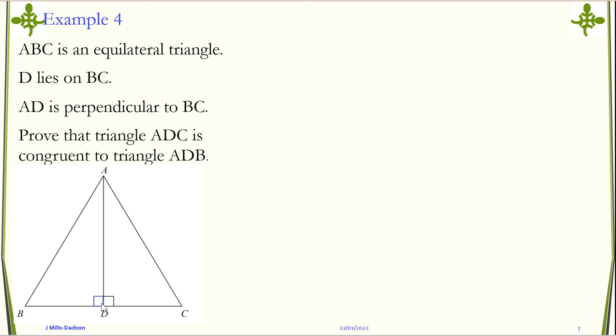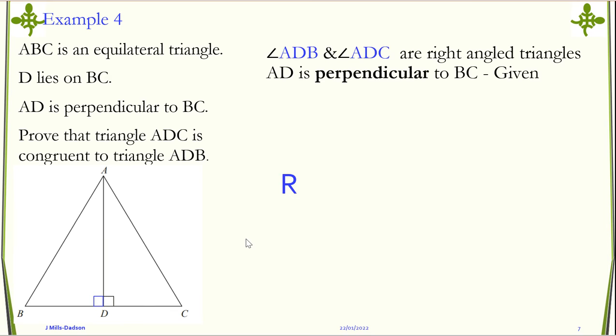Now, we know this side is also 90 degrees because we've been given in the question that AD is perpendicular. So we can say that triangles ADB and ADC are right angled triangles since AD is perpendicular to BC. So we have a right angle. That's the symbol right angle as a condition.